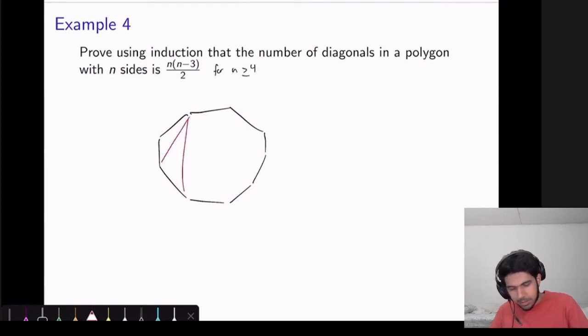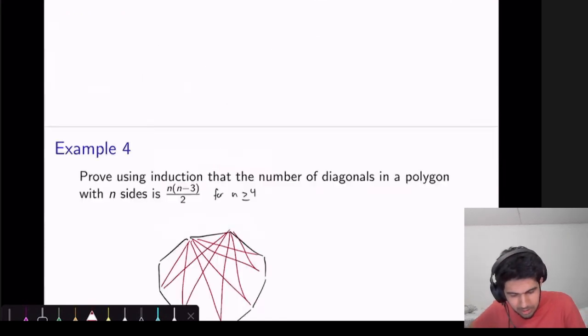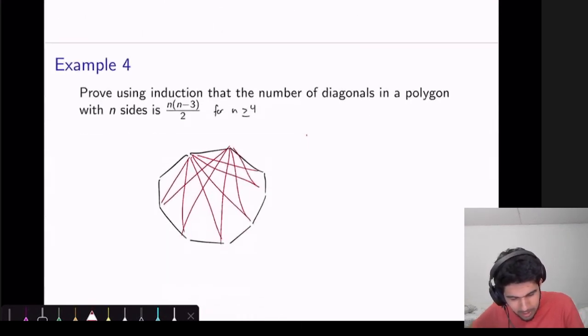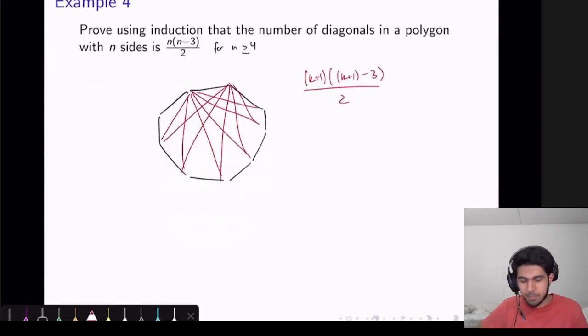So we have all of these different diagonals in here, and perhaps there's a lot of them, and we want to show that it's true for the k plus 1 case. So it would be (k plus 1) times (k plus 1 minus 3) divided by 2. That's how many diagonals we would want to show it to be true for.